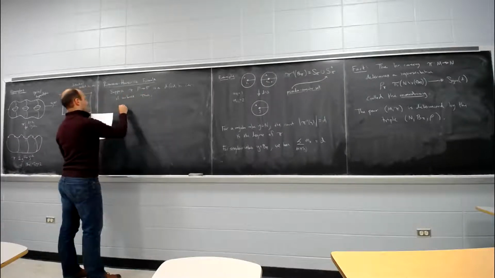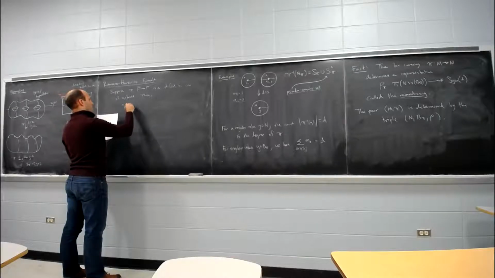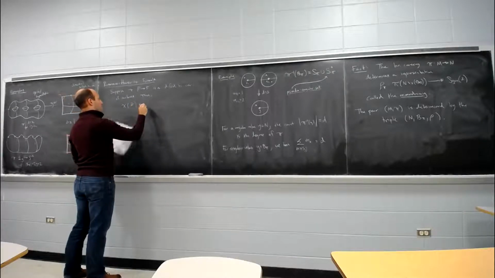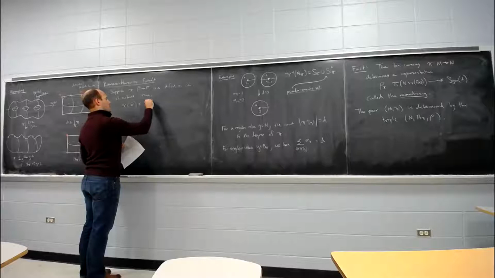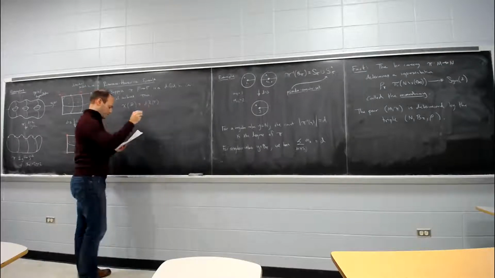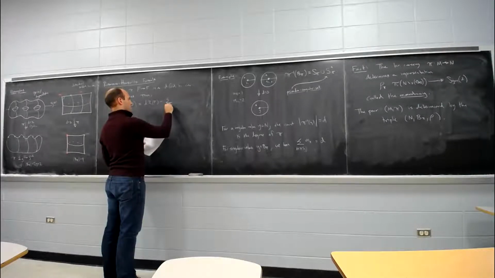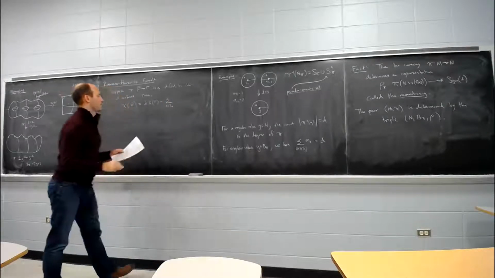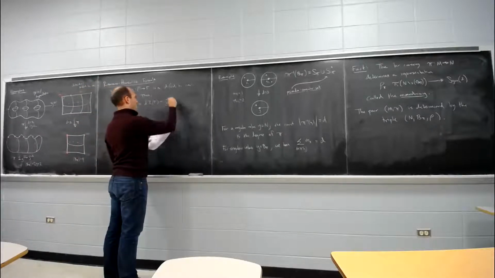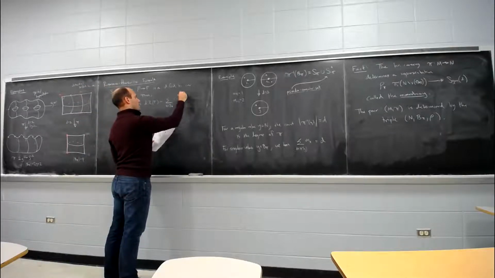Then the Euler characteristic of the cover is equal to d times the Euler characteristic of the base, minus the sum over points in the singular set of the local degree minus 1.